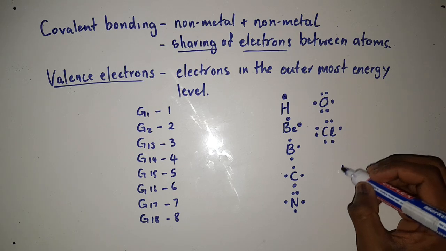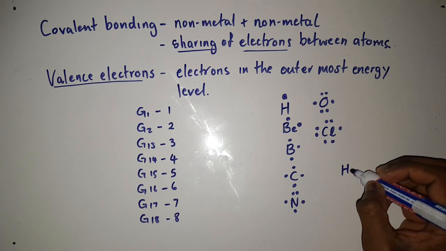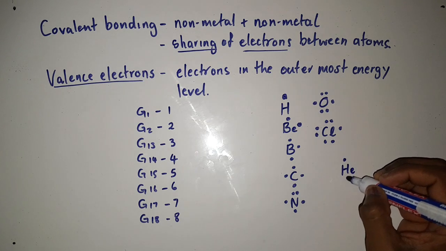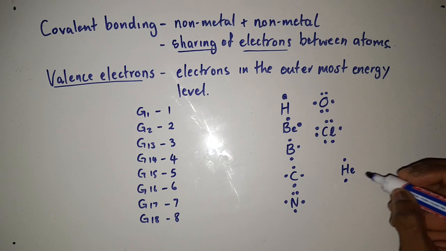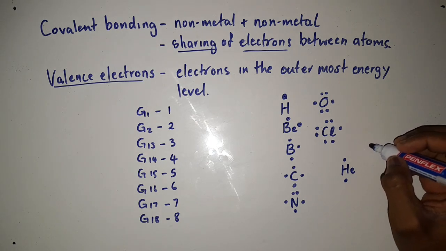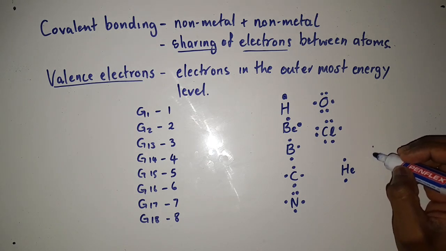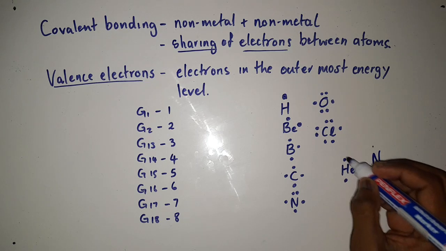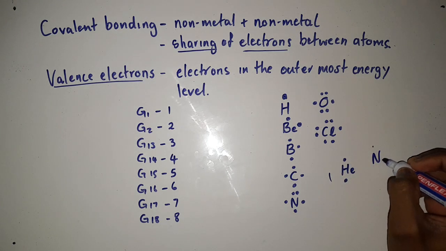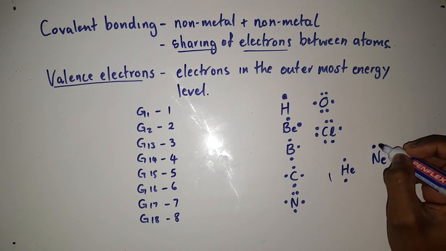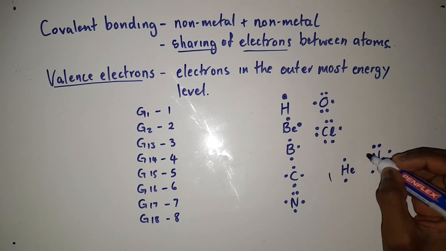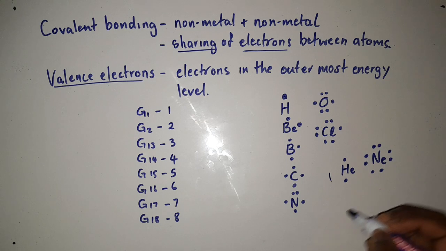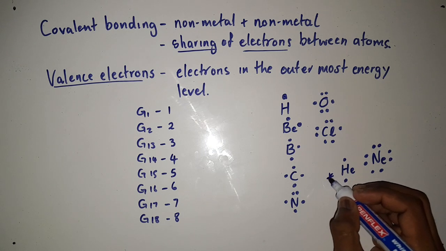Helium has only two valence electrons, but neon consists of 8. Helium is just an exception.